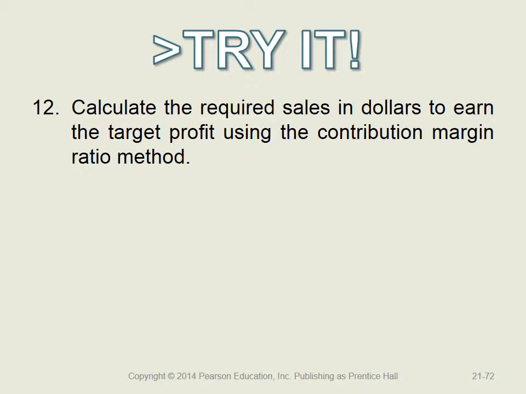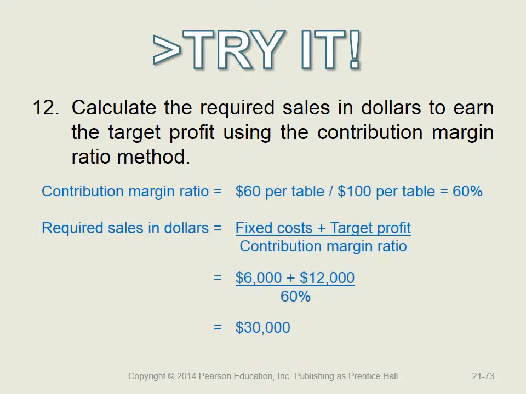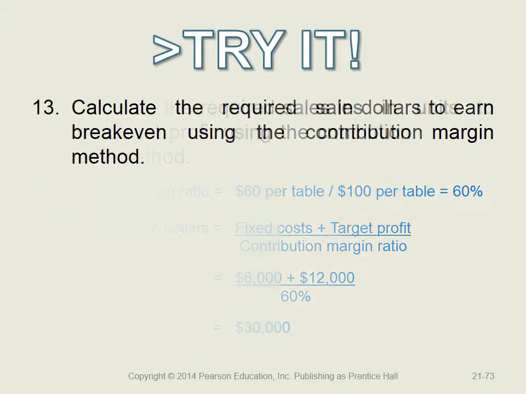And then we plug that into the required sales in dollars equals fixed cost plus target profit divided by contribution margin ratio equation. It works out to 18,000 divided by 60%, or $30,000.